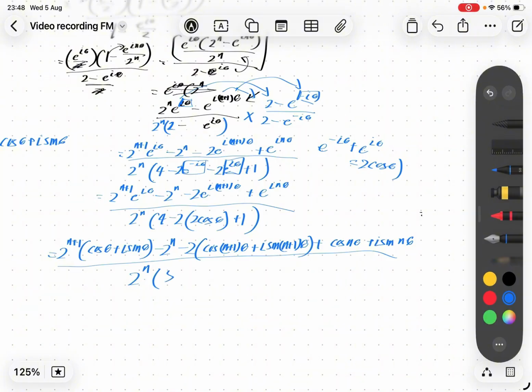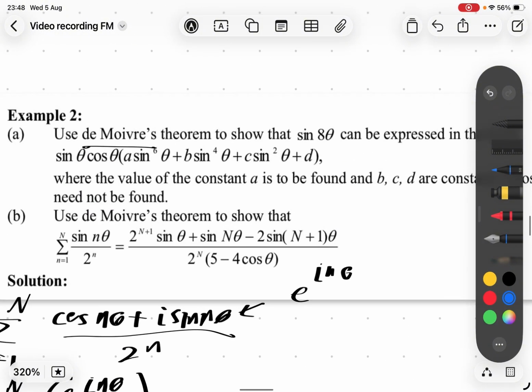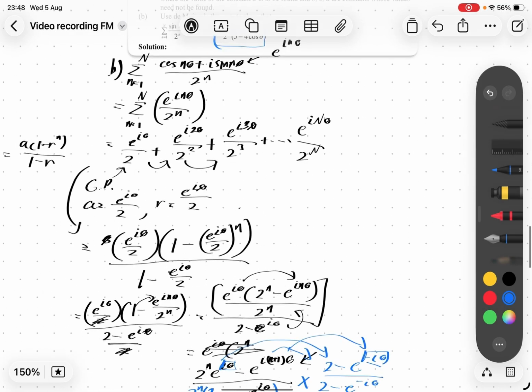Four plus 1, 5. Okay, you can see we're almost there. Our bottom part is already correct.